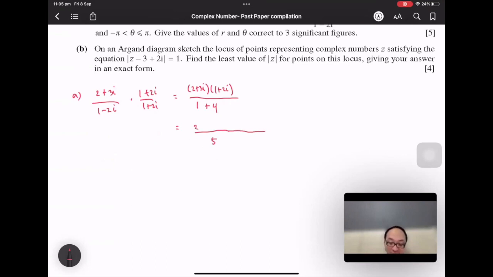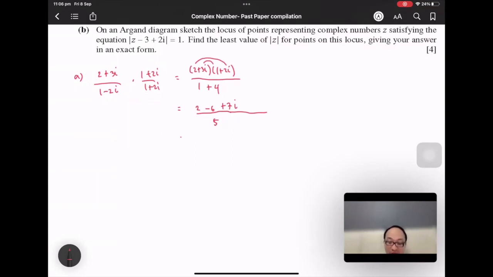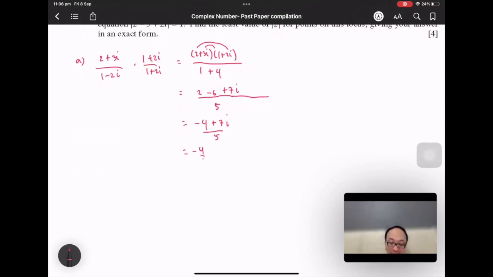So it's 2 minus 6. And then plus 4i plus 3i, plus 7i. So equals to negative 4 plus 7i over 5. Minus 4 over 5 plus 7 over 5 i.